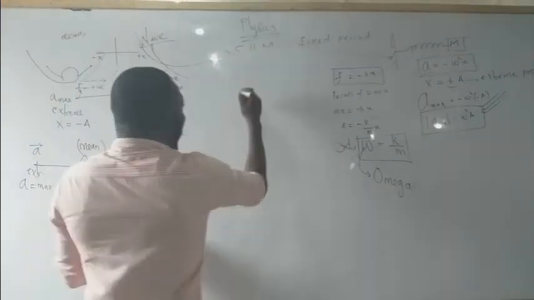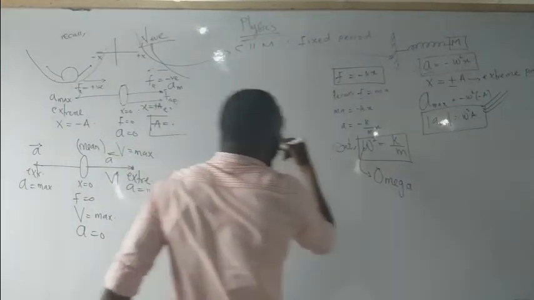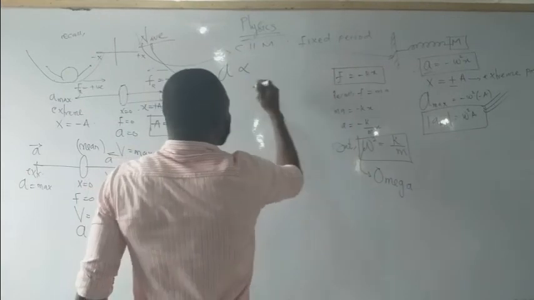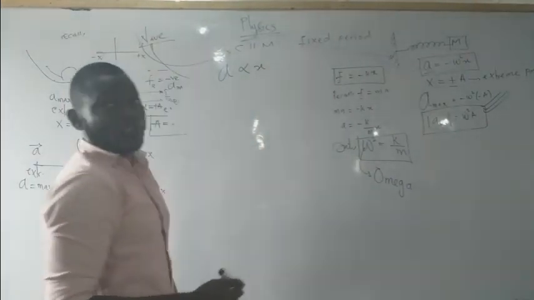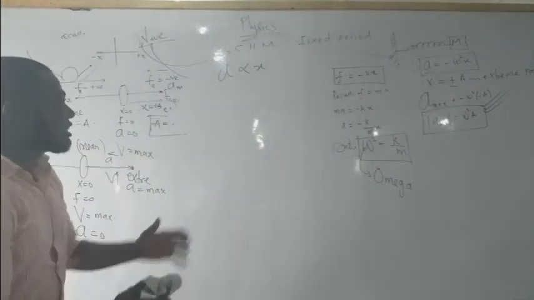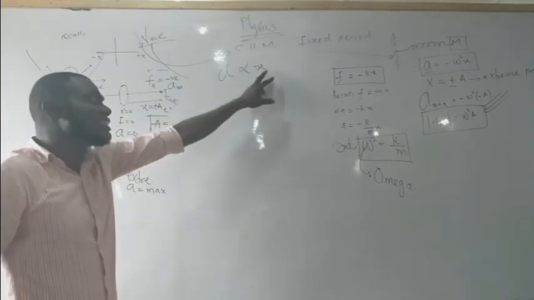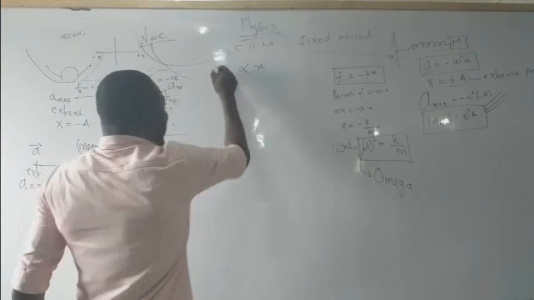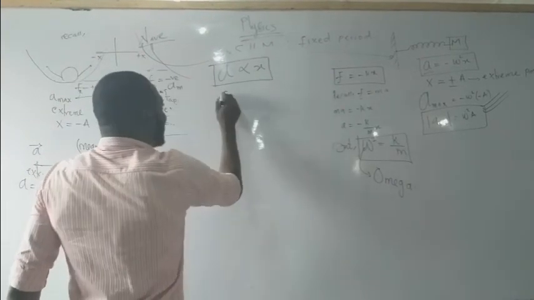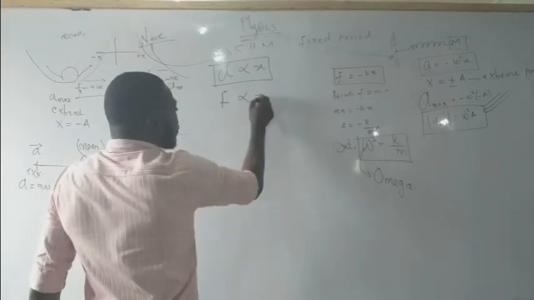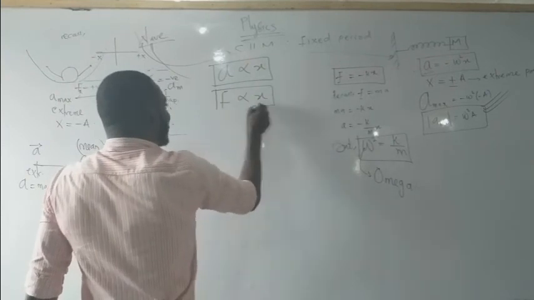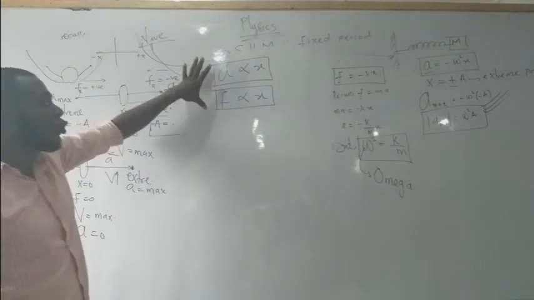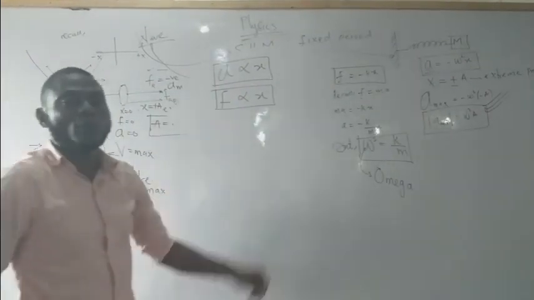We can deduce that acceleration is directly proportional to the displacement. Also, force is directly proportional to the displacement. So these are the 2 definitions of simple harmonic motion.